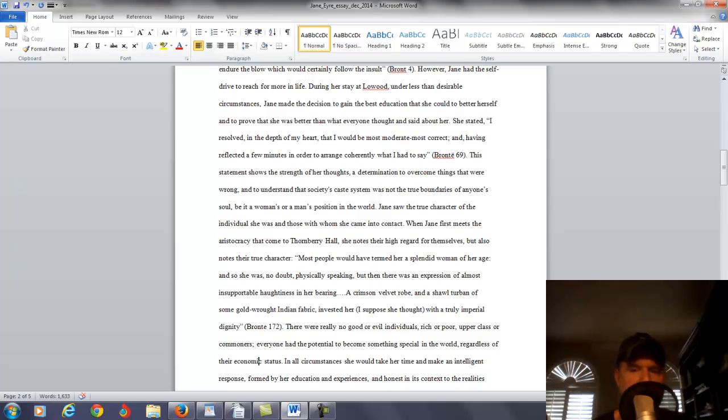It really isn't. That's why it was underlined in red. Regardless of their economic status. Everyone is singular, so let's just get rid of the word there so you don't have a pronoun agreement issue, regardless of economic status. In all circumstances.